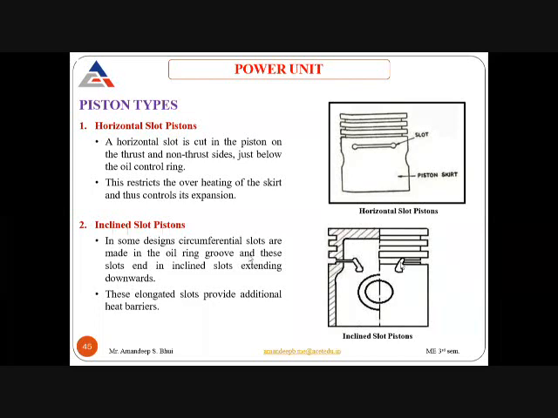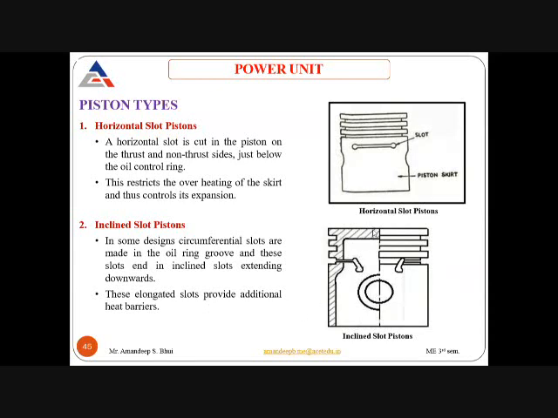You can see that the inclined slot is cut on both sides, that is the thrust and the non-thrust side of the piston, just where the ring groove is placed inside the piston. Now these slots again provide a heat barrier.